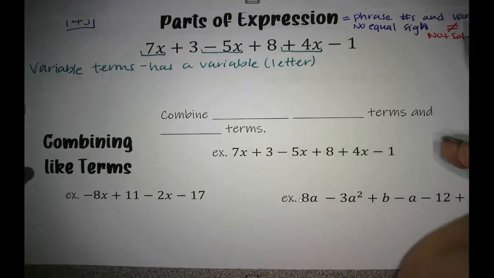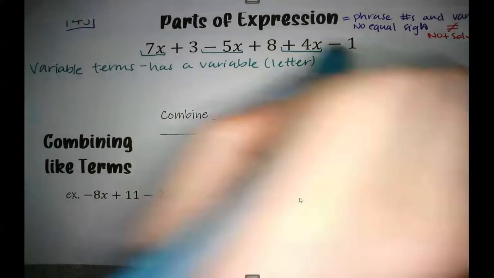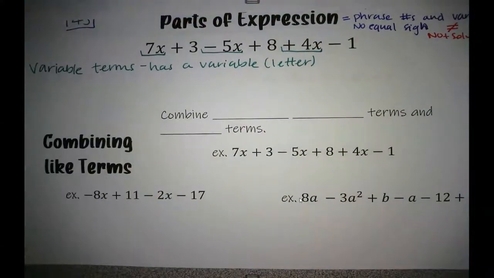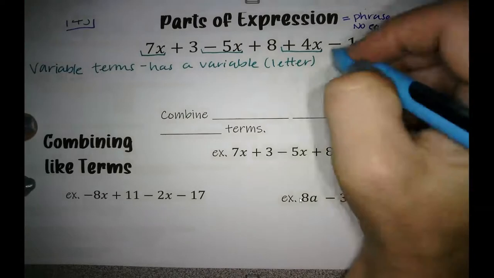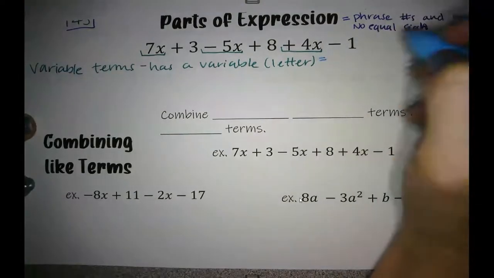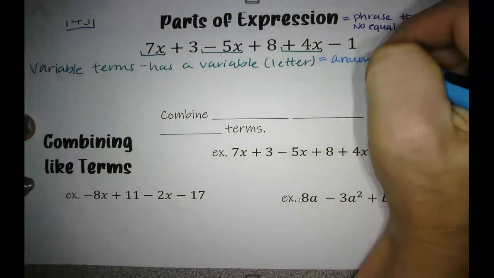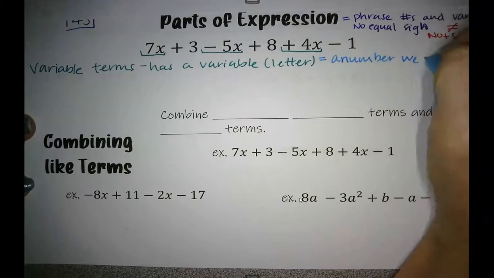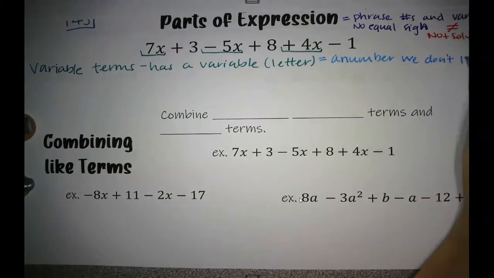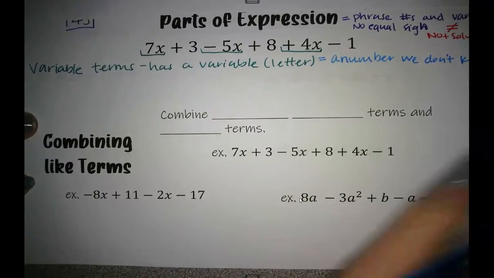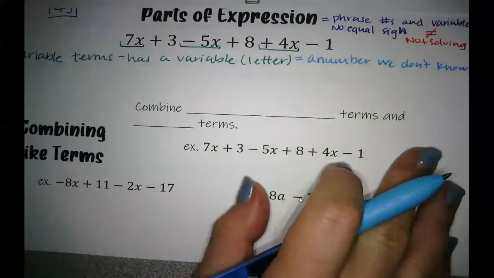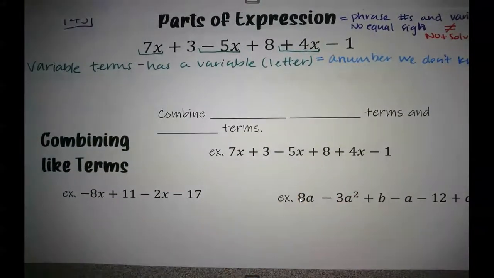We've got 26 of them to choose from. It's important to make a note right here that this variable is just a number that we don't know yet. That's all it represents. It represents a number that we don't know yet.